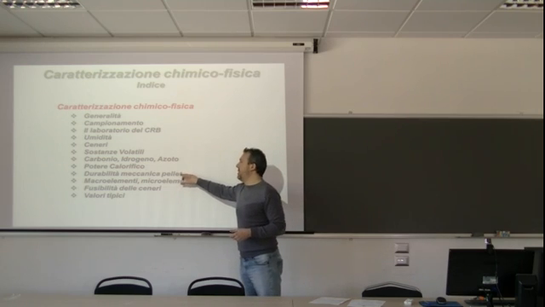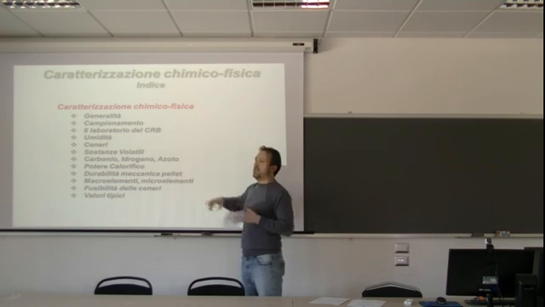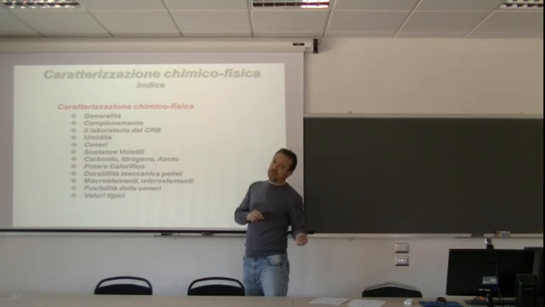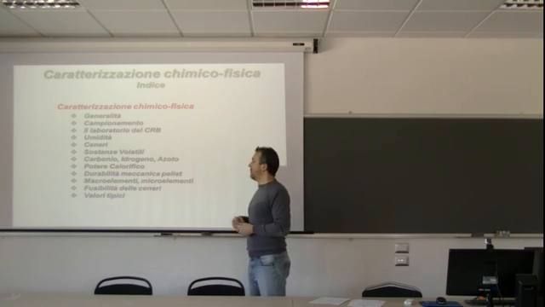This is a parameter that we use only for pellet, the mechanical durability of pellet, that describes the capacity of pellet to not turn back into sawdust during moving, transport, and so on.